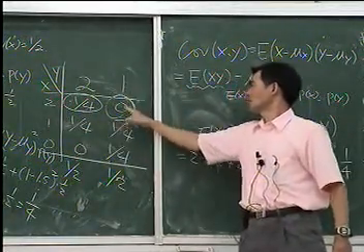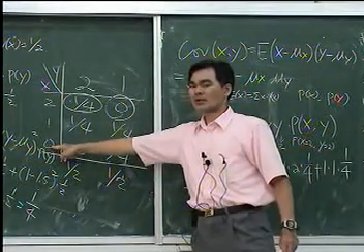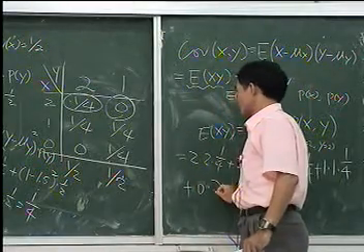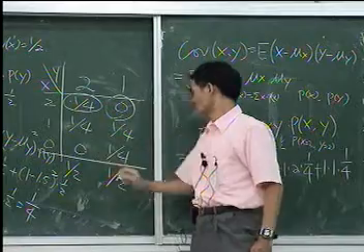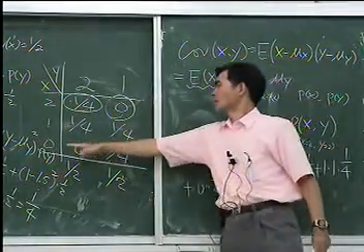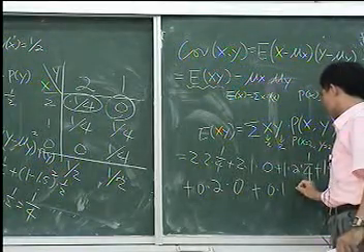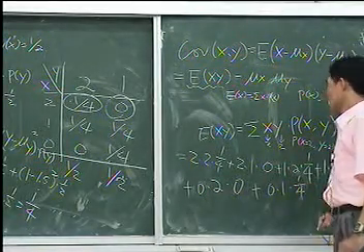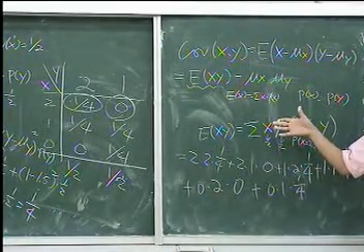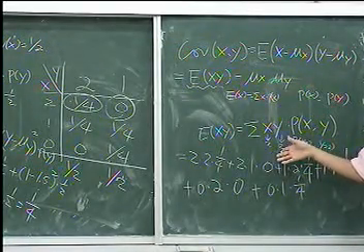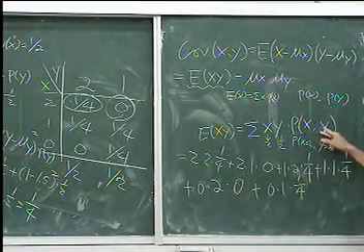Then here it is 0 times 2 times 0, and then 0 times 1 times 1/4. So it's the same formula, just a different way to plug in the numbers. Here is the random variable, and here is the probability.